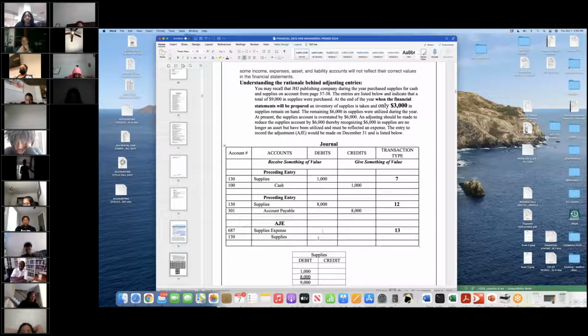Yeah. So you spent the money. If you had 9,000 in your account, you started with 1, you added 8, then you only have 3. That means how much money did you spend? $6,000. So that becomes the adjusting entry. This is what an adjusting entry does.